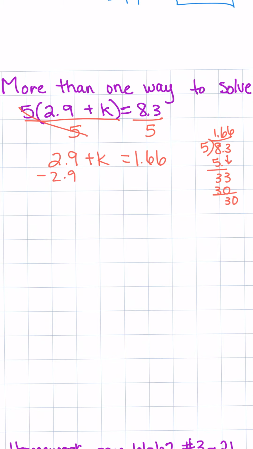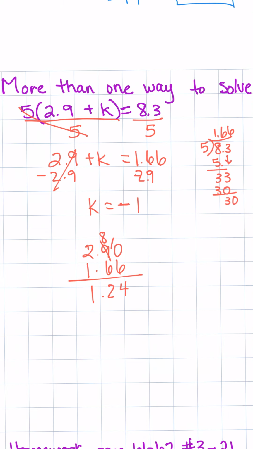Subtract 2.9 from both sides. k is going to equal 2.90 subtract 1.66, but then it's going to be a negative. Negative 1.24.